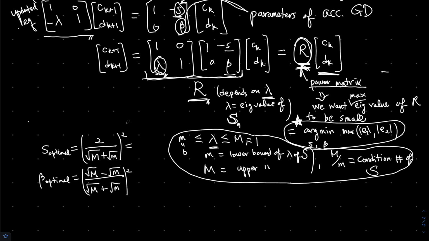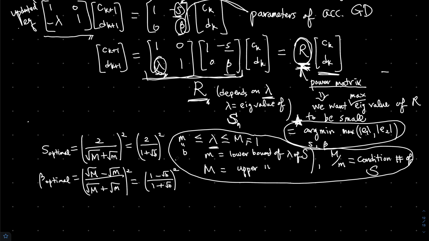So we can immediately rewrite this as 2 over 1 plus root B squared, and this to be 1 minus root B over 1 plus root B squared, right?